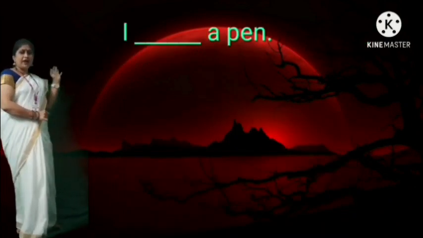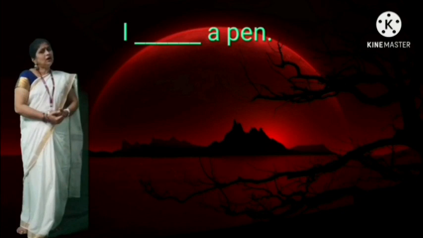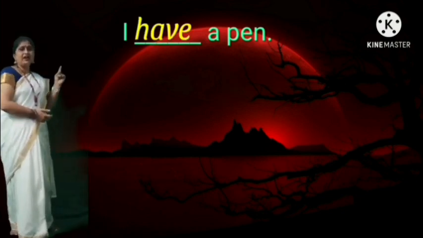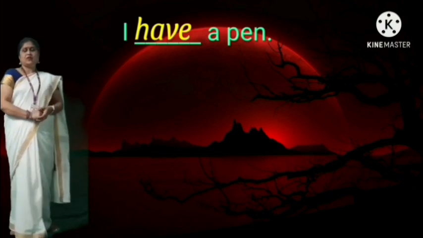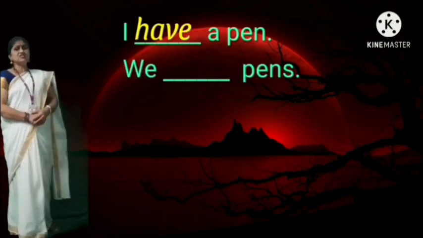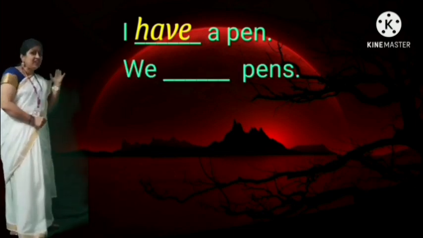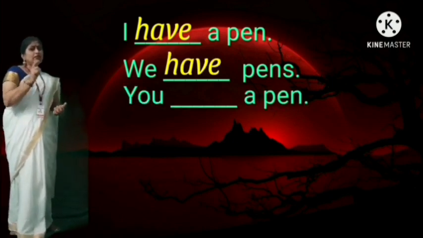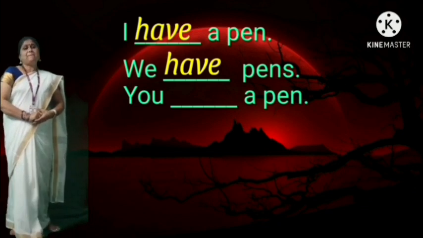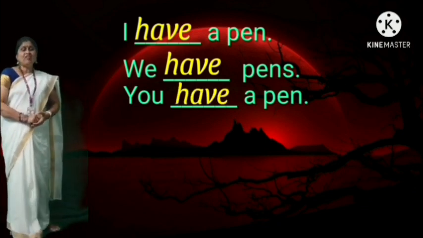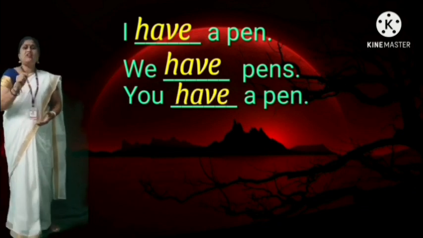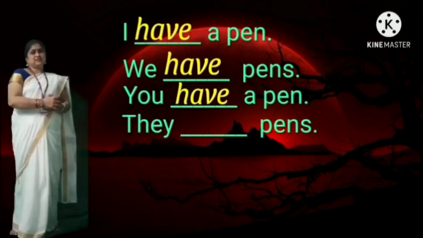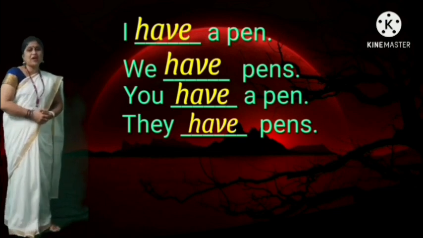Okay. I dash a pen. I have a pen. We should say I have a pen. We dash pens. We have pens. You dash a pen. You have a pen. They dash pens.